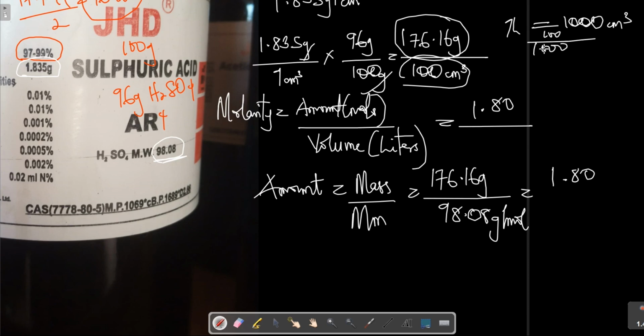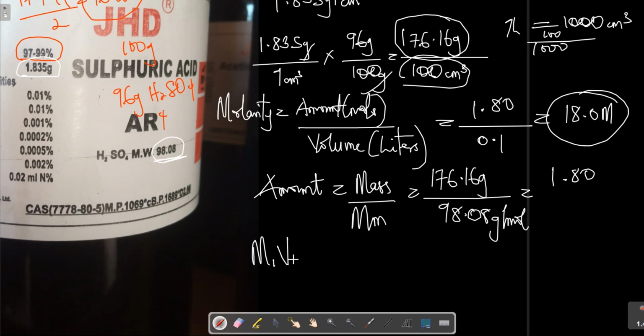When you do that, you have 0.1. Now dividing this, you have 18.0 mole. So this is how you get the initial, the original concentration of a stock solution, which is 18.0 molar. So if you want to dilute this to any amount with your dilution formula, know that M1, which is your initial concentration, is 18.0 molar.